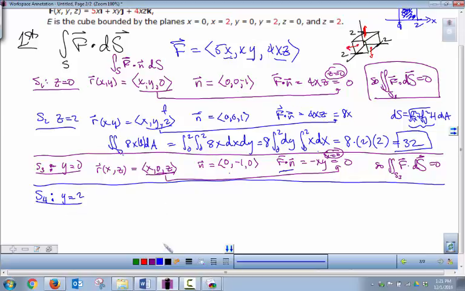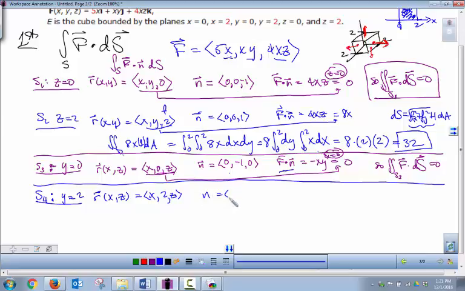Let's try the right side now. So your R in this case would still be a function of x and z. X is x, z is z, and then your y now, you're looking at the y is equal to 2 plane. So this is a 2.